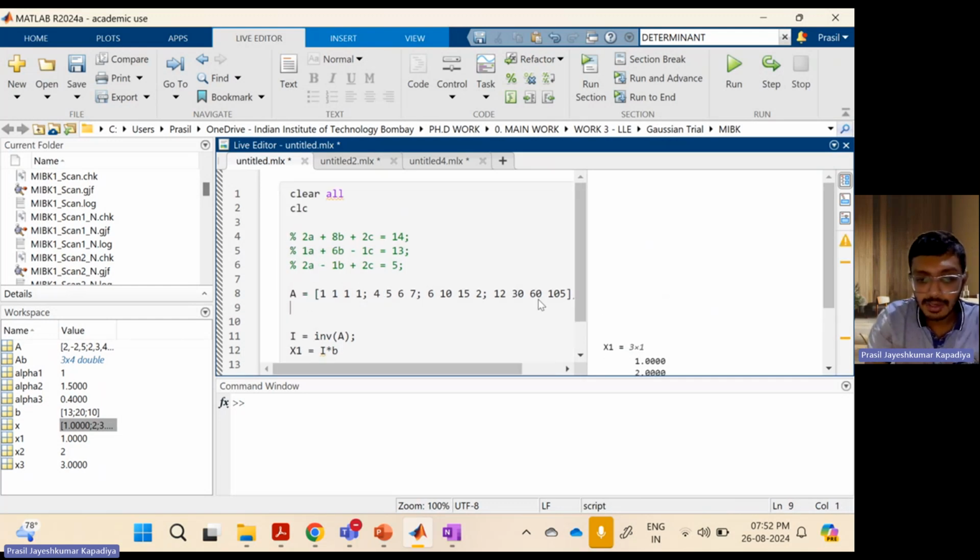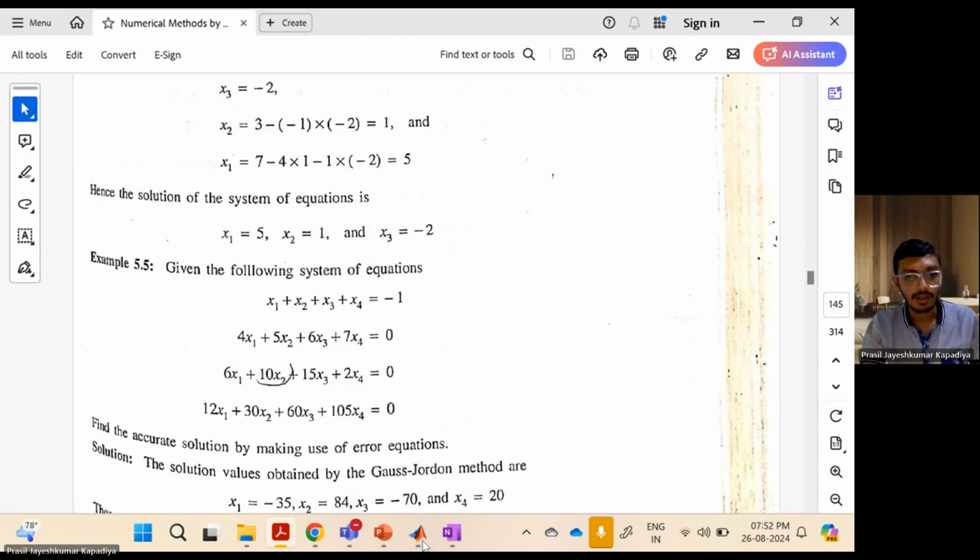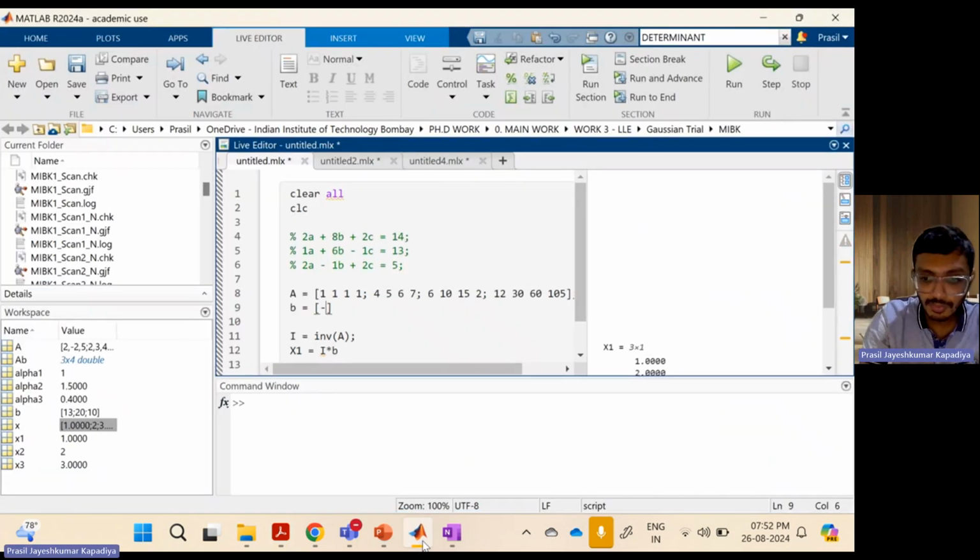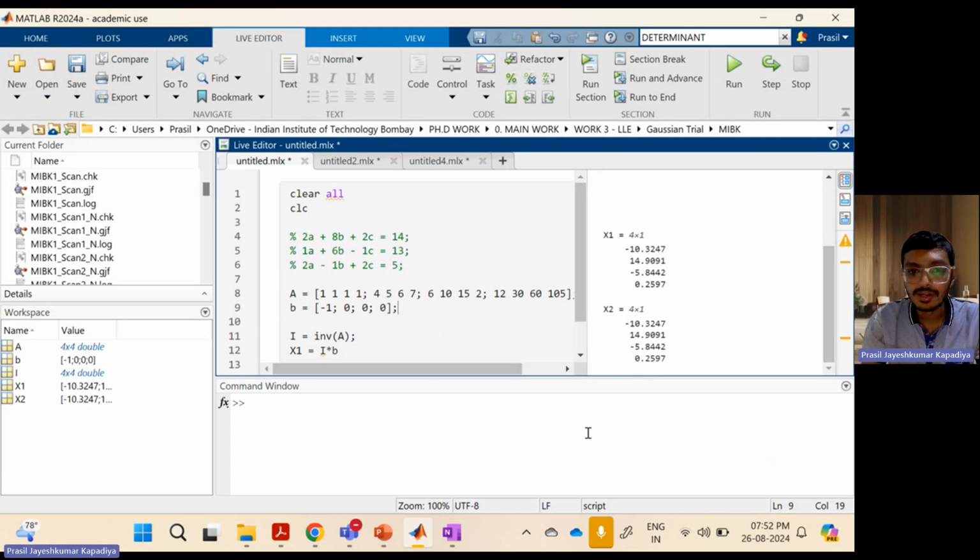Now the right hand side B matrix is equal to -1, 0, 0, 0. And let's see what we are getting. We are getting weird solutions.